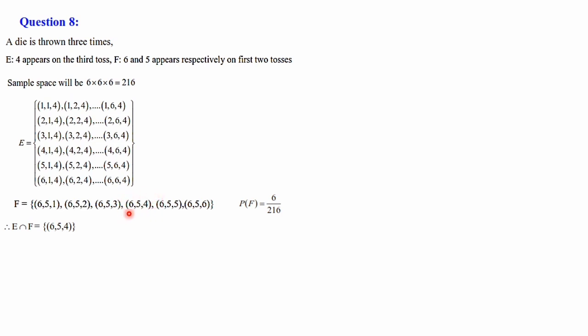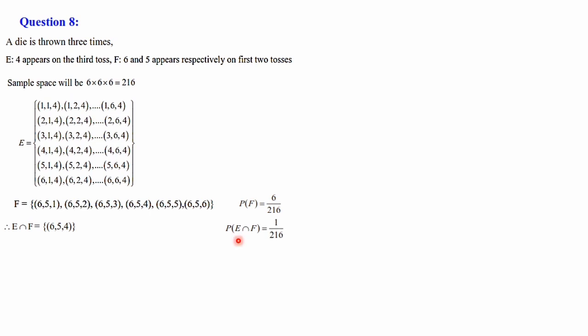So you should have a little bit of common sense, because here we are not writing all the elements. When you compare, it is quite clear that E, 4 appears on the third toss. And E intersection F means F also should have 4 on the third toss. So when you check the F set, there is only one element having 4 on the third toss, that is 654. So 654 is the common one.